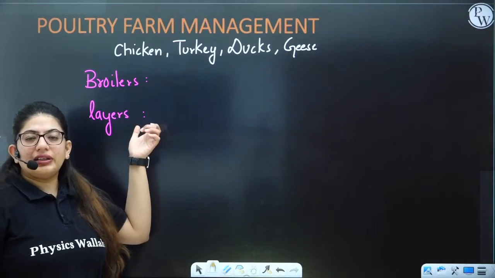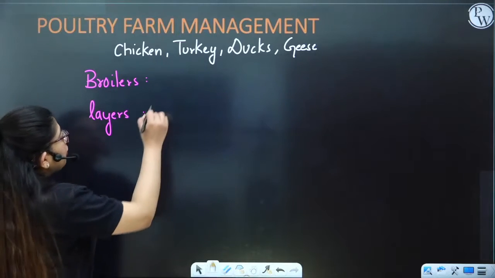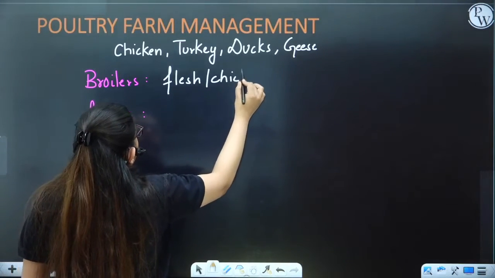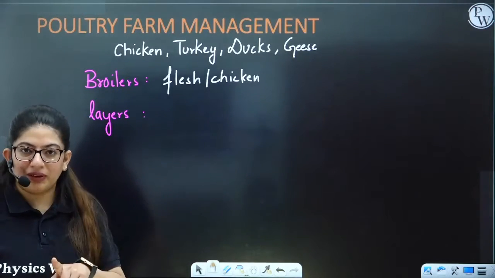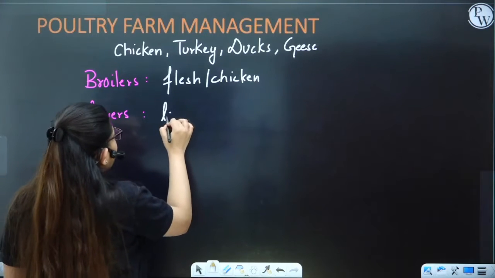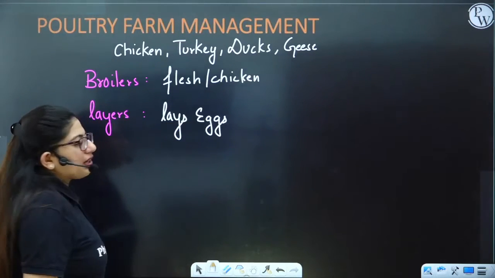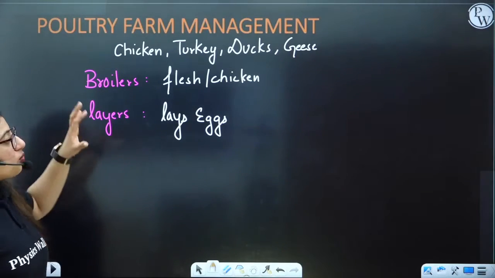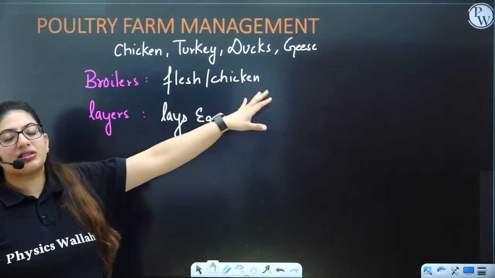Broilers are the category where you eat the flesh or chicken of the organism. They are usually the male ones, whereas the layers are usually the female ones, and they lay eggs. So there are two purposes of rearing these animals, one for broilers, one for layers. So what type of animals are you rearing? You're rearing chicken, turkey, ducks, and geese.